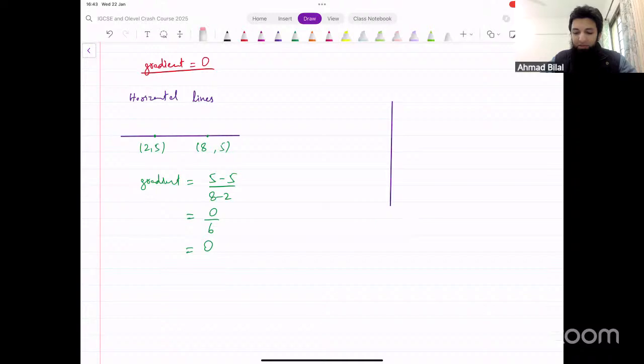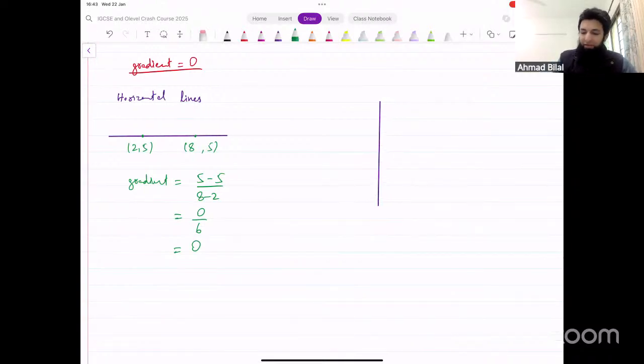Another way to think about this is, if you apply the gradient formula on this, how would that work? Let's take any 2 points on this line. Let's say I take 1 point here, and let's assume it has coordinates 1 and 6. I take another point on this line, let's say here.